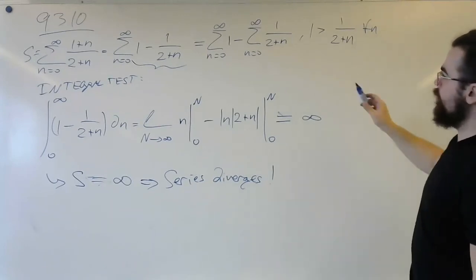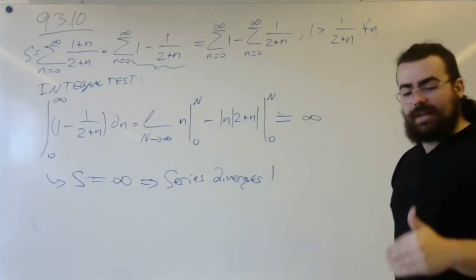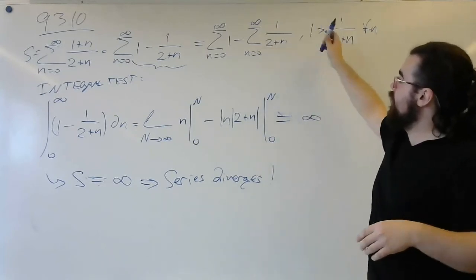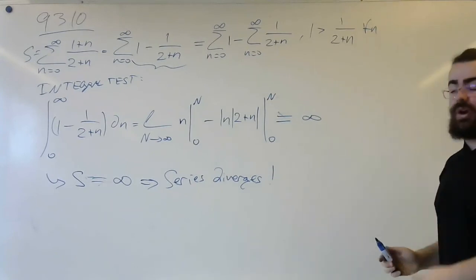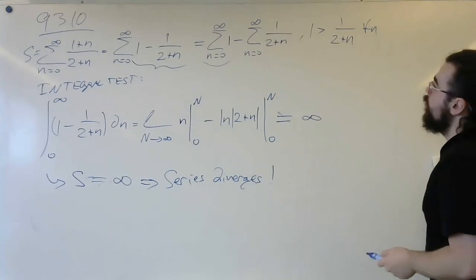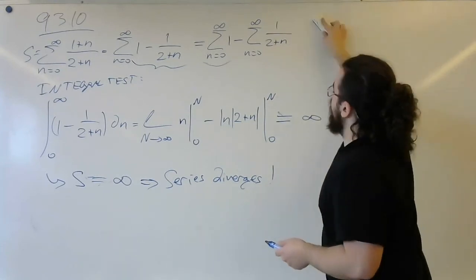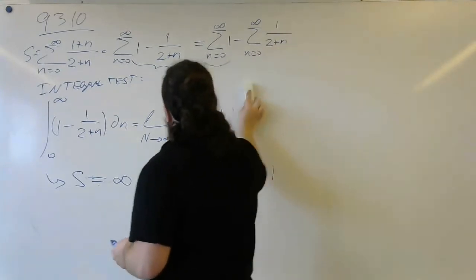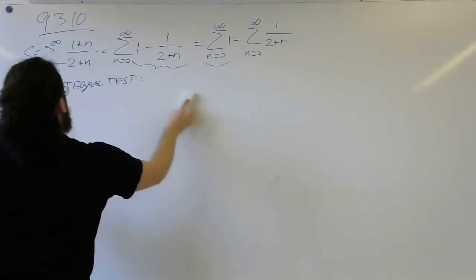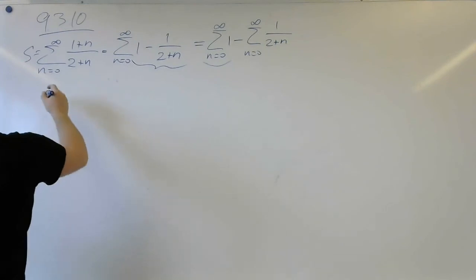So in the end, each time we advance a term, the weight of the 1/2 plus n is smaller and smaller and smaller, and so the ones end up dominating here. In any case, this was the integral test for you guys. I'm going to run a ratio test as well and see what happens.